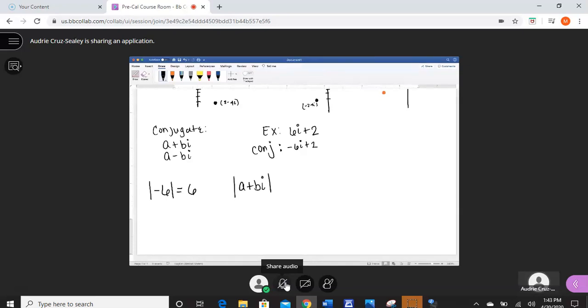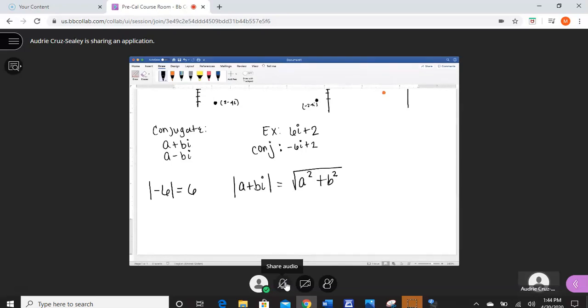To take the absolute value of an imaginary number, it is literally just the square root of a squared plus b squared, which should not come as a shocker because you've used this formula many, many times. All you're doing really is finding the length of it. If it was a vector, we call it the modulus of it. And that's all you do.